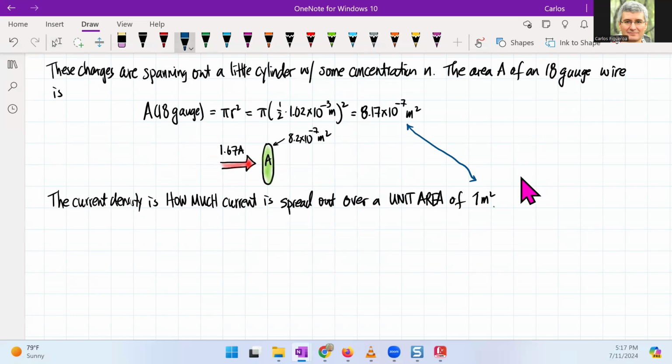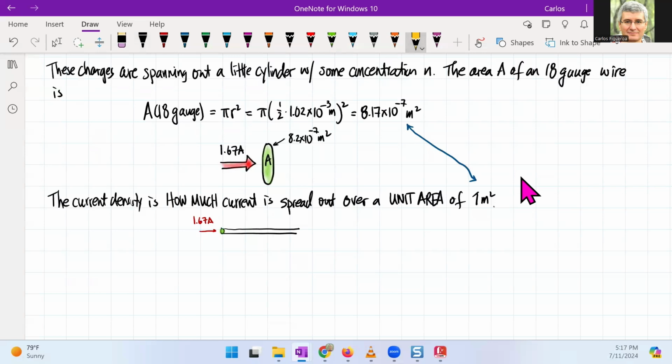Picture-wise, I imagine that I have a little copper wire, and I know I'm going to get a current of 1.67 amps. This area here is tiny.